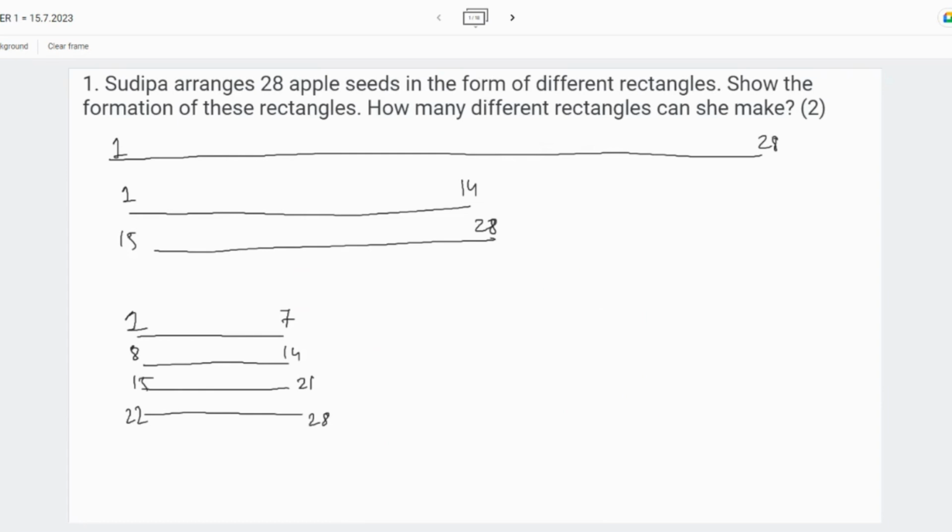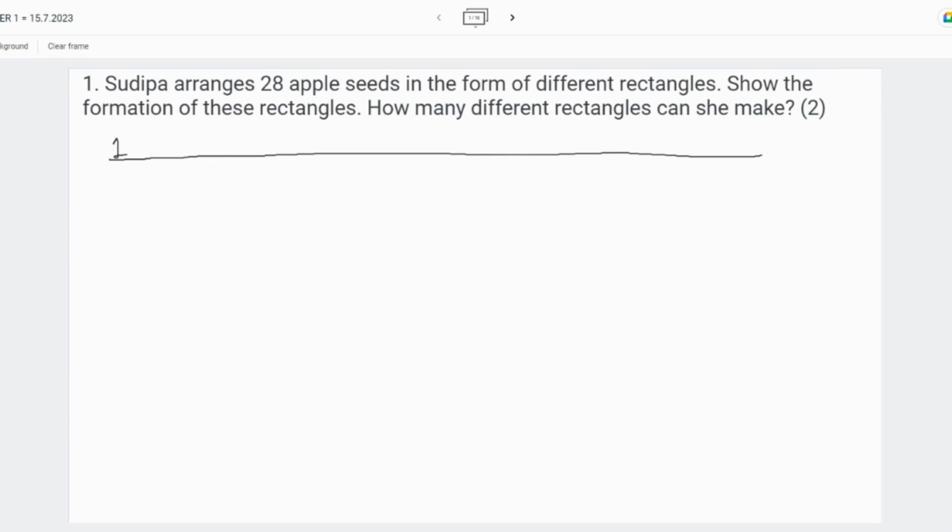I can also have 4 columns, and in that case there will be 7 rows. It's just the reverse thing. If there are 7 rows, there will be 4 columns. If there are 7 columns, then there will be 4 rows.